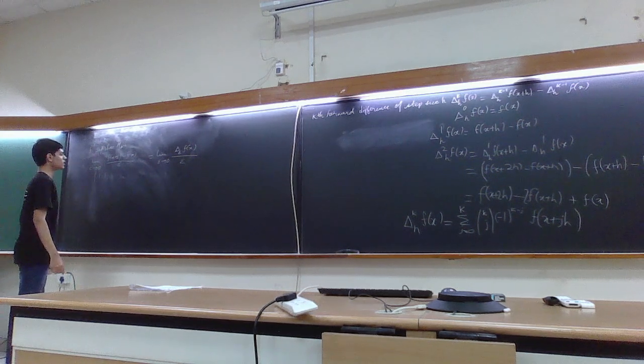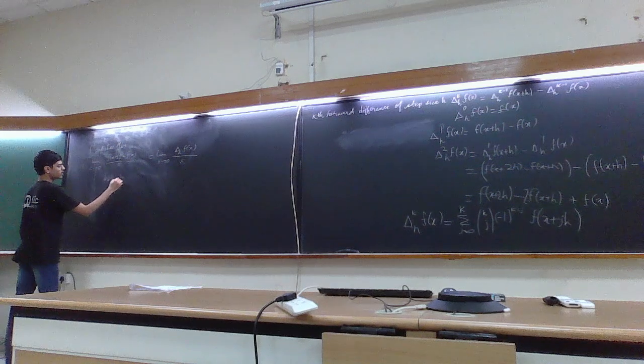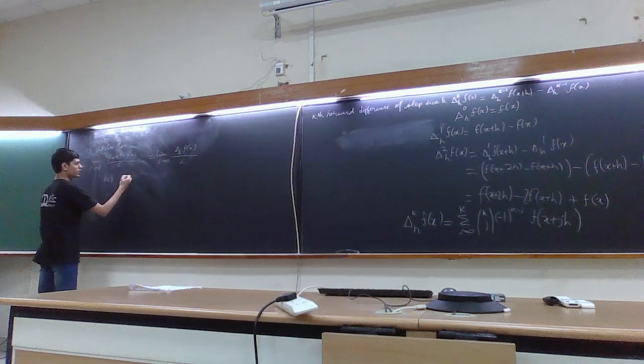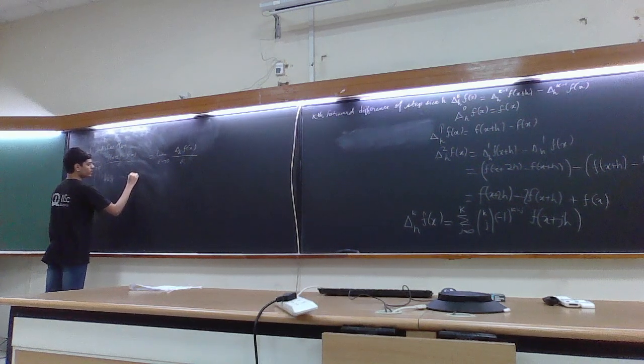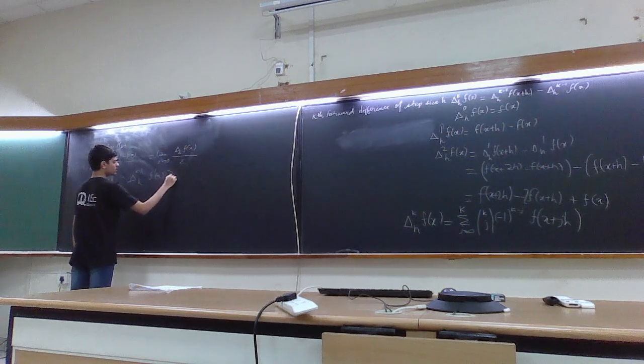So for any k greater than 0, we need to prove that delta k minus 1 of this function f prime of x is non-negative.